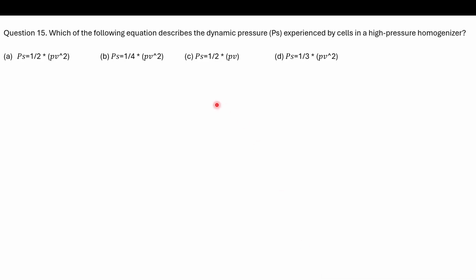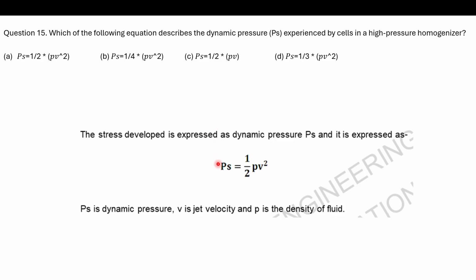This is the last question. It is directly asking for the equation for dynamic pressure experienced by cells in a high pressure homogenizer. In a high pressure homogenizer, we are talking about liquid flow.